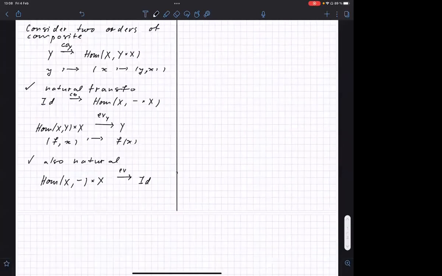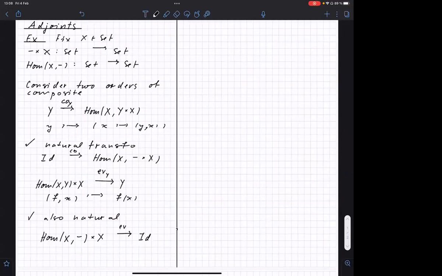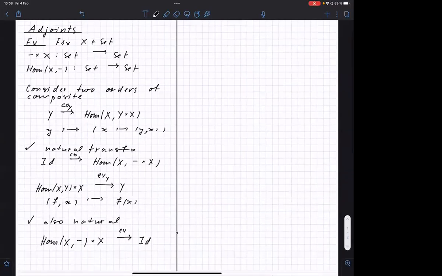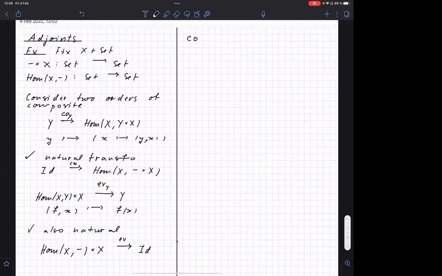So I could compose again. In the first one, what did I do? The first one's here. So I first crossed with X, and then I hommed from X. And then I could cross with X again. Okay, so co and ev are related as follows.